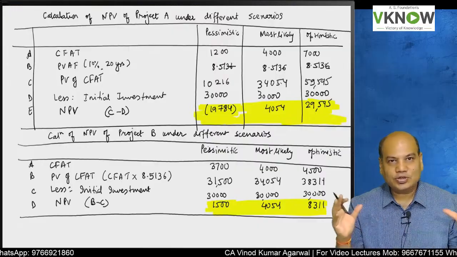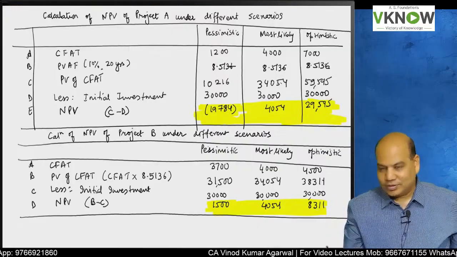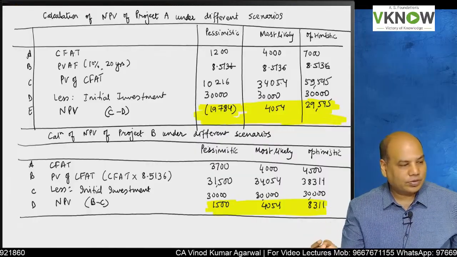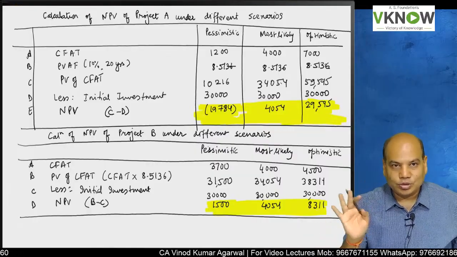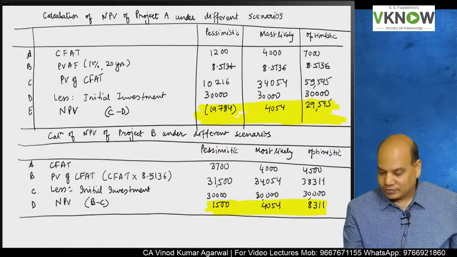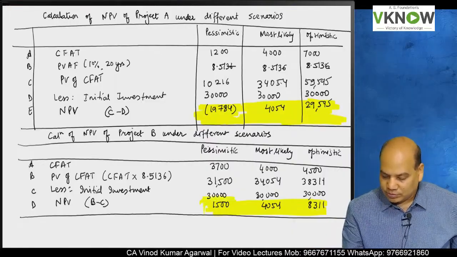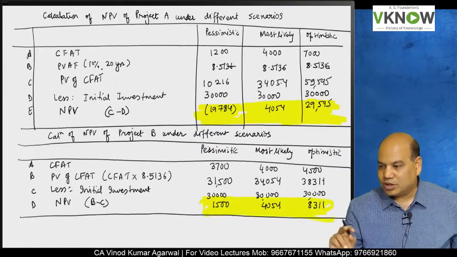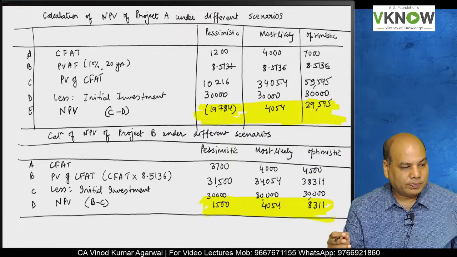That shows the nature of the investor. The answer is, if you are a risk-averse investor, you don't want to take any risk, you will go with project B, because project B will generate positive NPV in all the three scenarios.